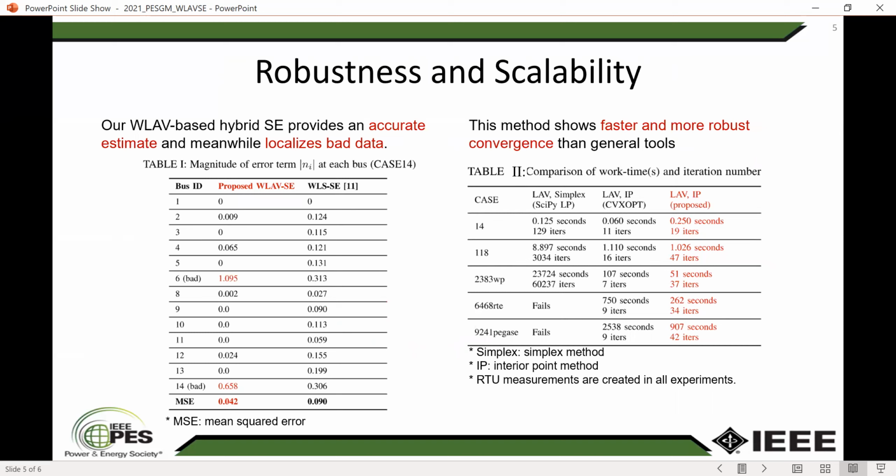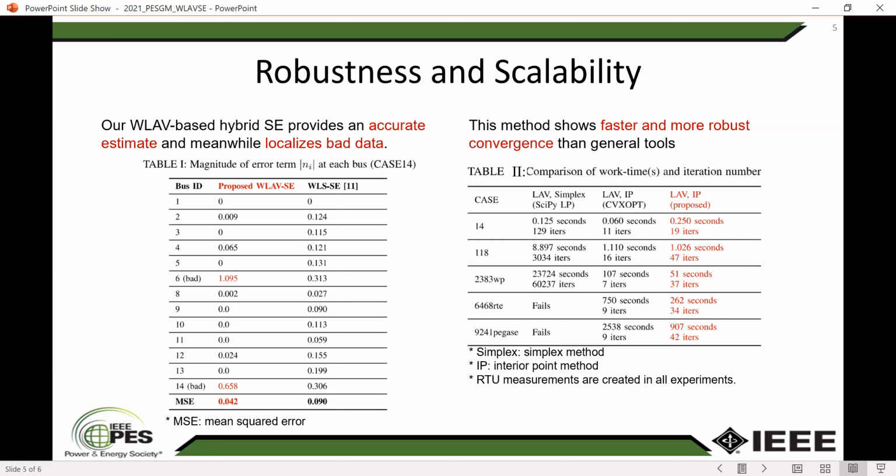Using our proposed method and the proposed solver, we want to show some results to justify the properties of robustness and scalability. First, we test on a small 14-bus case. The test case is measured by a set of conventional RTU meters, and we created bad data on bus 6 and bus 14. The results show that in our weight-least absolute value method, the vector of noise terms is sparse, and the large non-zero noise terms correspond to the locations of bad data.